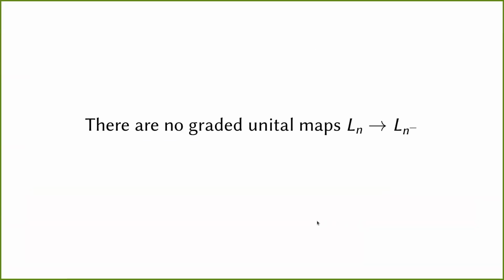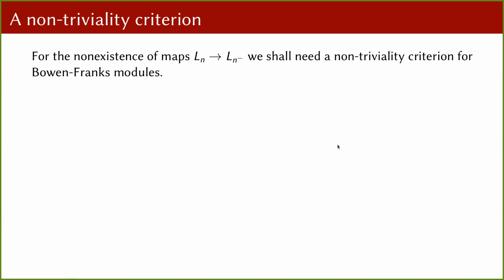Okay. So the other part requires some lemmas, and it is that there are no maps in the other direction. One thing that we will need, and we can state for many other graphs, so we need some hypotheses, but we can state in general, is a criterion for the order of the Bowen-Franks modules, as abelian groups.